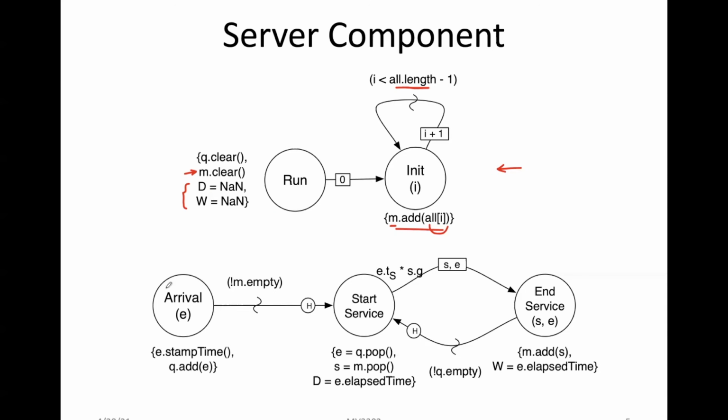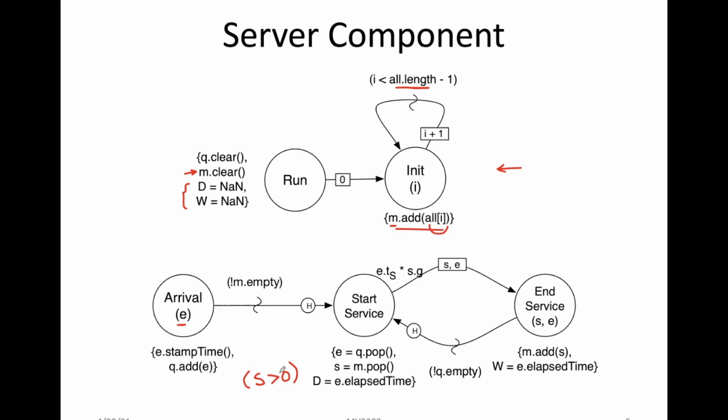So let's look at this here. We have an argument on arrival, and that's going to be our customer. Just as we've done before, we're going to stamp their time and add them to the queue. Remember in the past, we've had the condition S bigger than 0, but we don't have an S here.